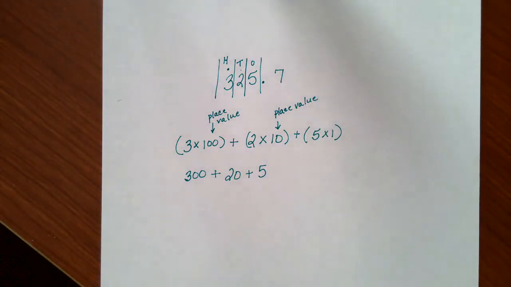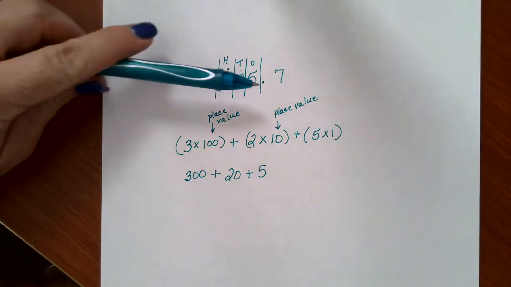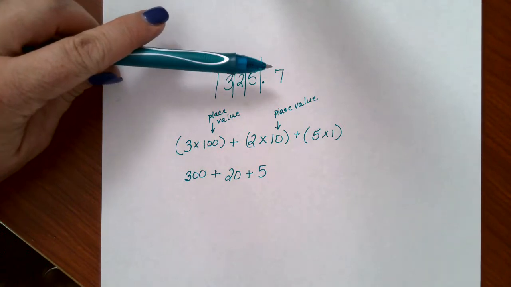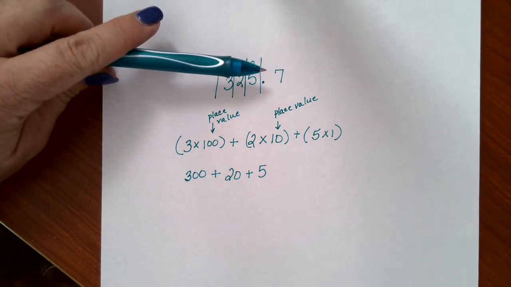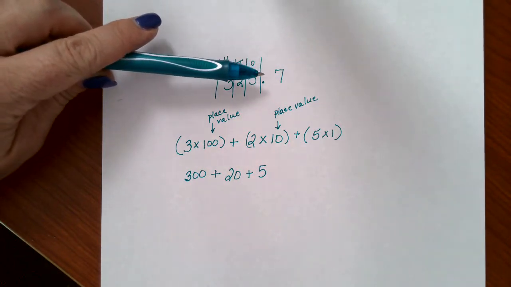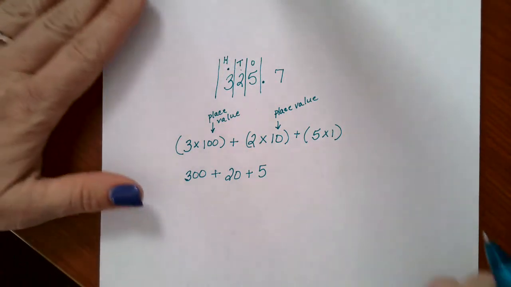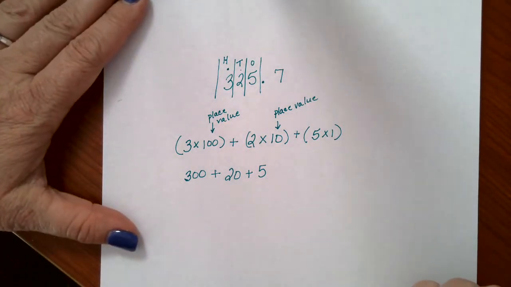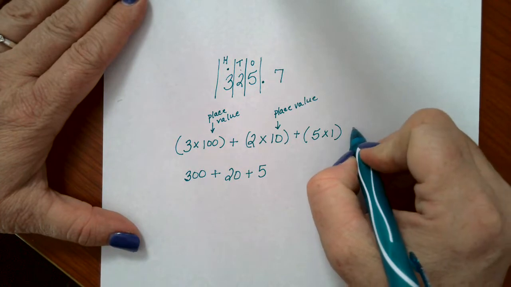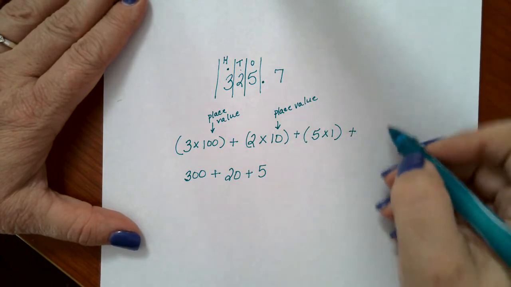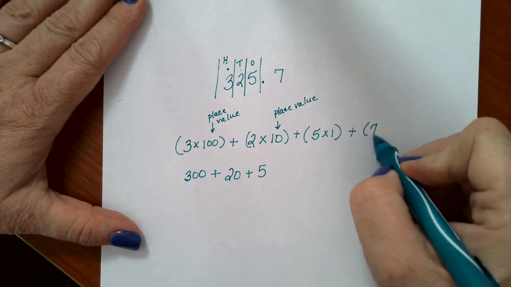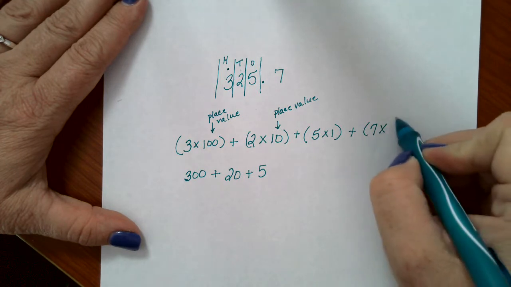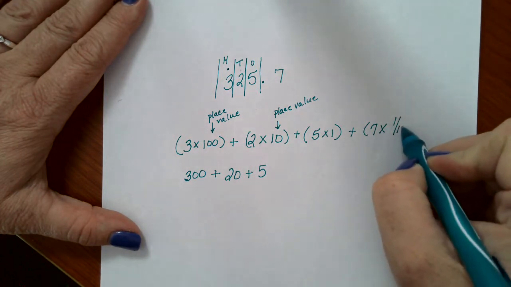Now we are not completely done because we still have the decimal point and we have this 7/10. Remember that when we do 7/10, it's going to be 7 times 1/10. So we're going to do 7 times 1/10.